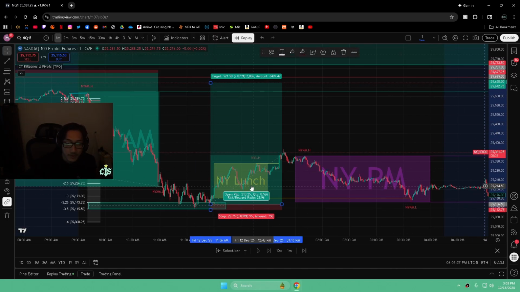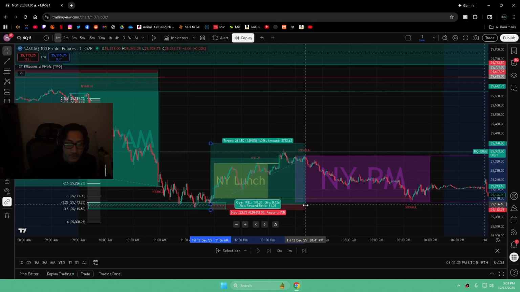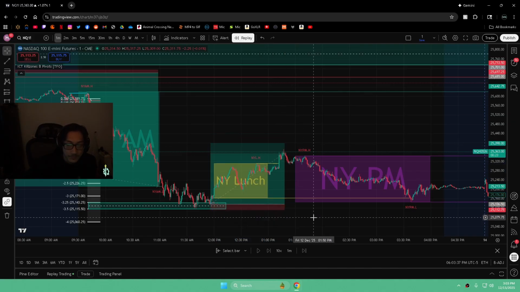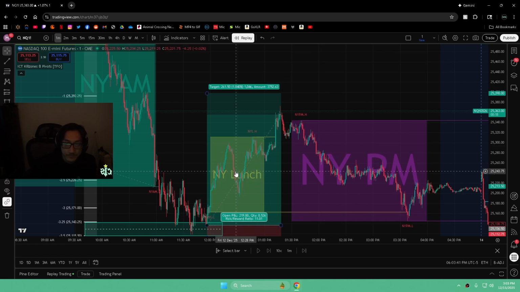There's no reason for it to go that high. So technically, I should have just aimed for this liquidity zone and hoped that it would hit. If it didn't, it'll hit my stop loss, right? But that's still a 1 to 11, which is crazy.